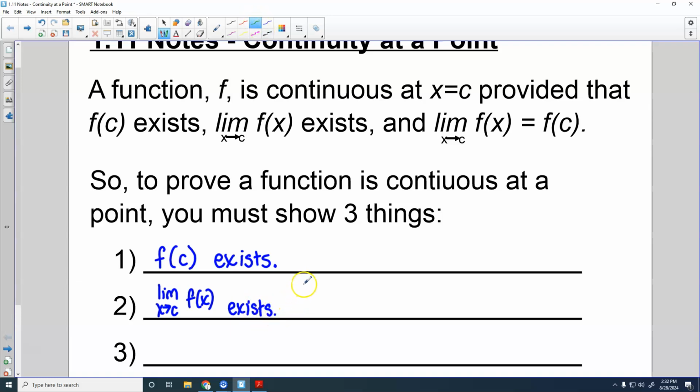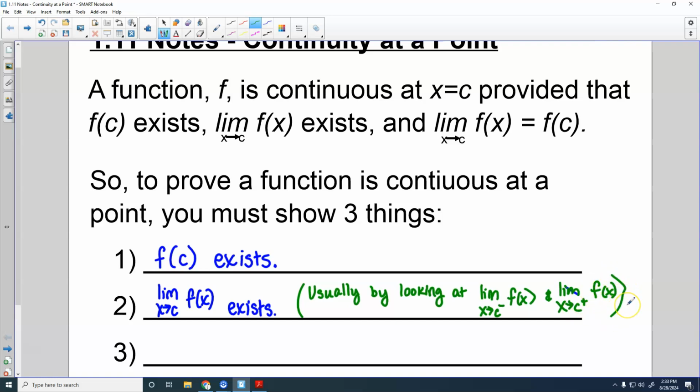You are going to do this most of the time, usually by looking at the limit as x approaches c from the left of f of x and the limit as x approaches c from the right of f of x. There could be a scenario where you don't use left and right limits, but most of the time you do: the limit from the left, limit from the right, show that they're the same to show that the limit exists.